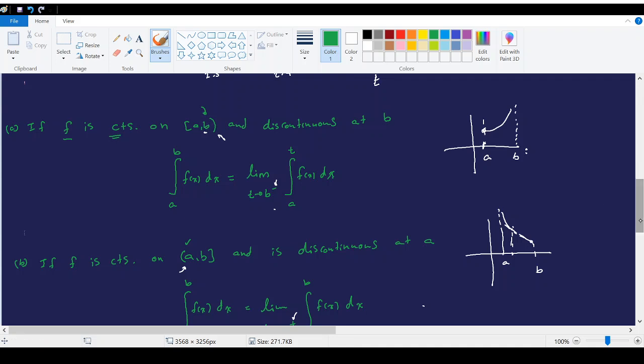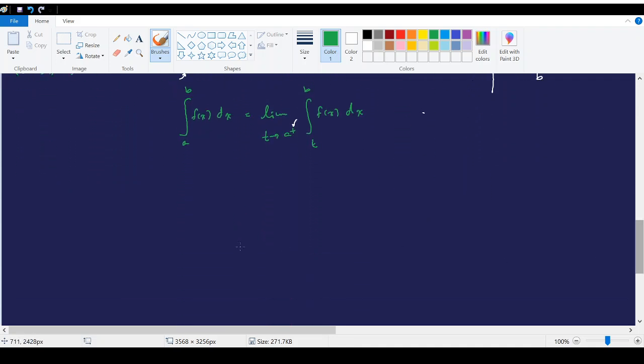But what if you have a discontinuity in the middle? Say we have f where it has a discontinuity at c within this interval. So here we start with a and go up to b, but in between you have a discontinuous point. So what should we do in those cases?